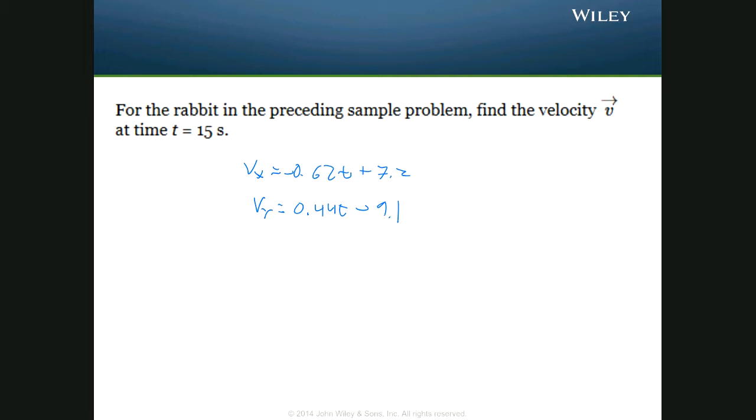The handwriting's not super clear, so let's say a minus sign there.